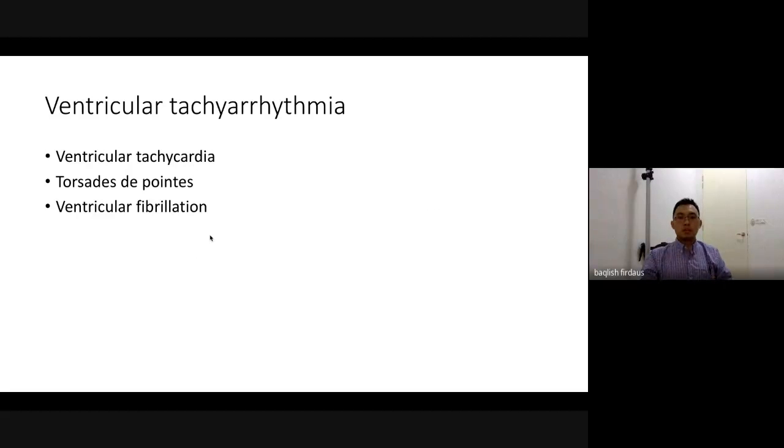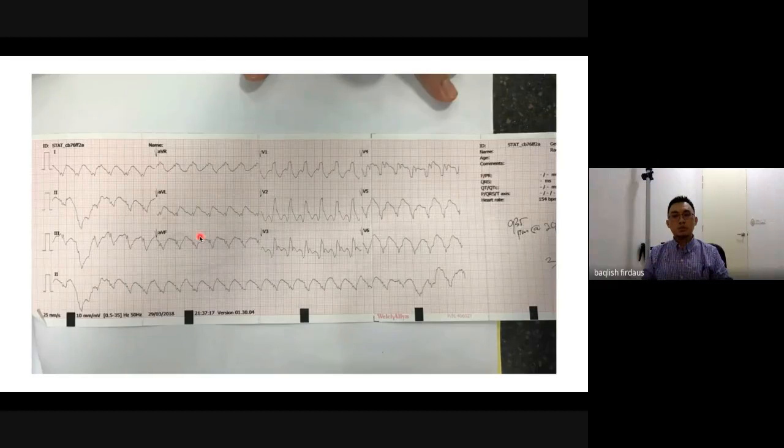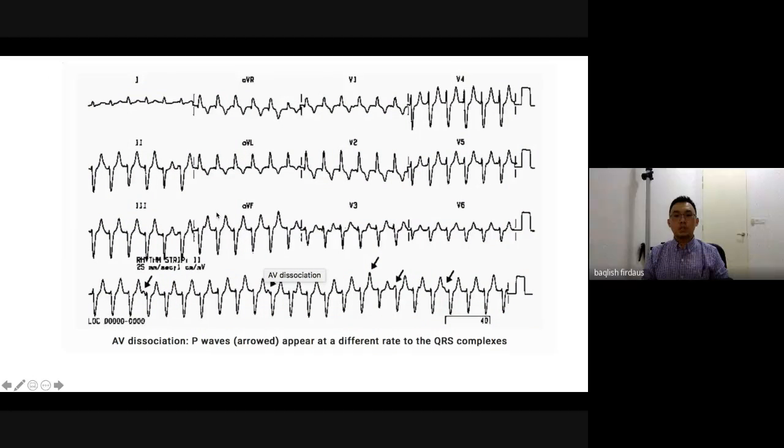Then ventricular tachyarrhythmia, or the broad complex tachycardia, will be further divided into ventricular tachycardia, torsades de pointes, or ventricular fibrillation. So this one is ventricular tachycardia. How to identify ventricular tachycardia?